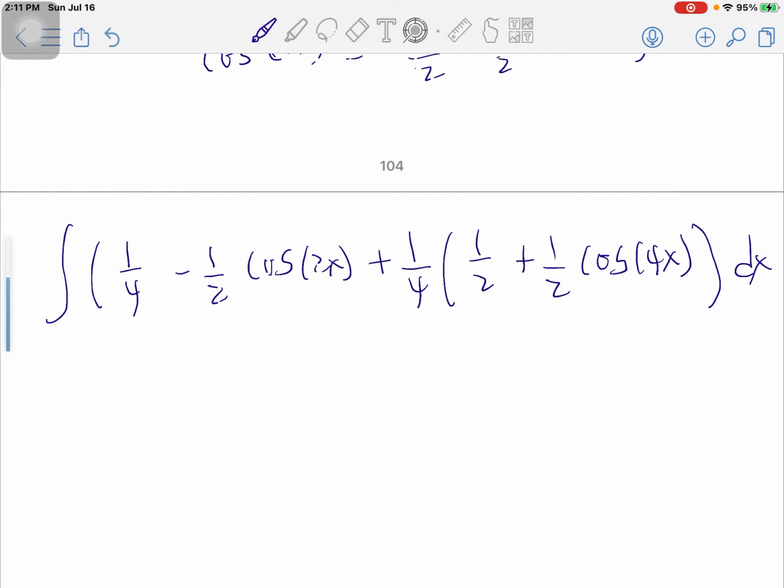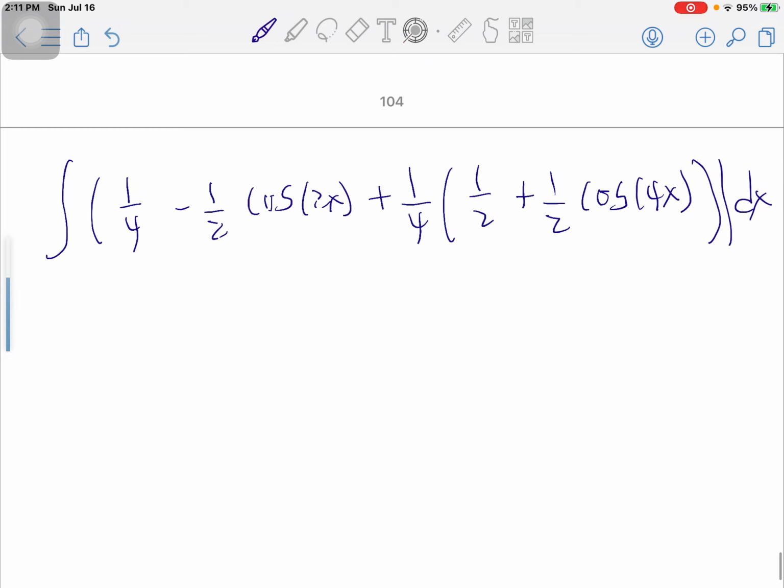And then don't forget that they are all dx. When you are done with that, the only thing left is to simplify whatever you have gotten. This is algebra, so you don't have to have any issue with that.